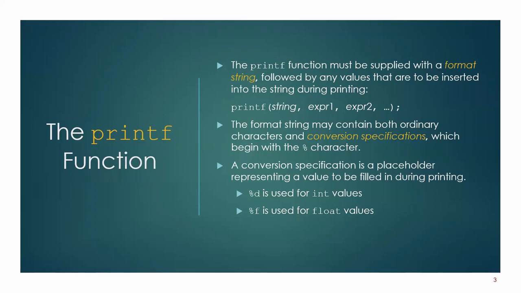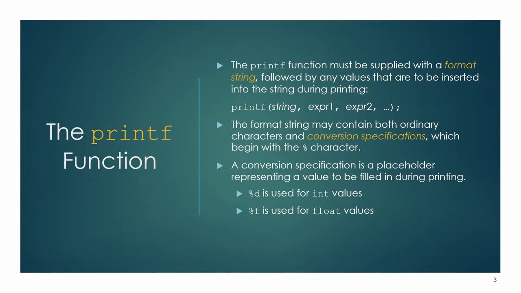The first half, we're going to talk about printf, and then we're going to go into scanf. The printf function needs to be given what we called a format string, and that helps it know what you want the output to look like. So you do printf, and the very first thing is your output string, with double quotes around it, and then a comma, and then any variables you need to put into that string.